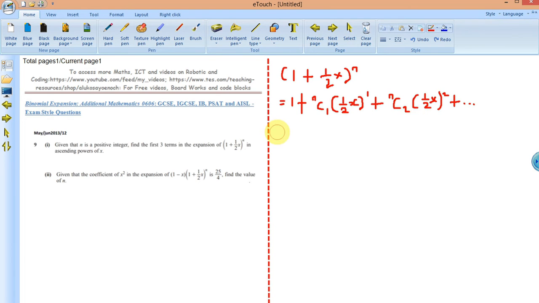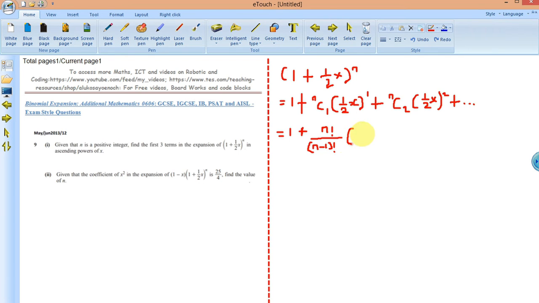So I have 1 plus, guys, since you are familiar with how to do combination, that will be n factorial over (n minus 1) factorial, times 1 factorial, so that would be 1, no problem about that.